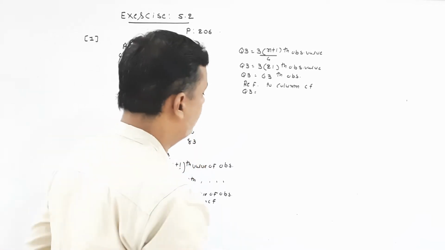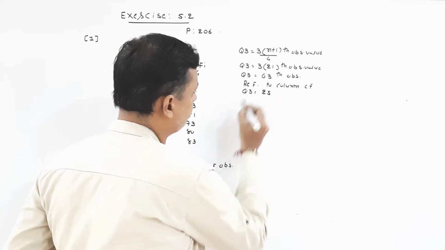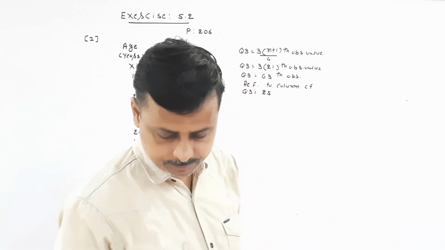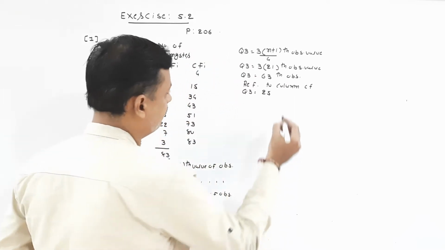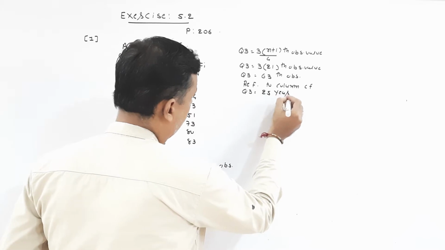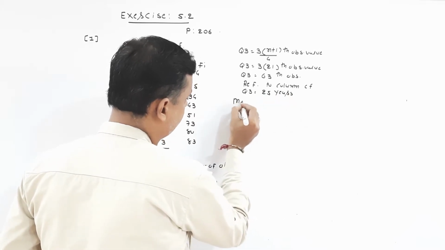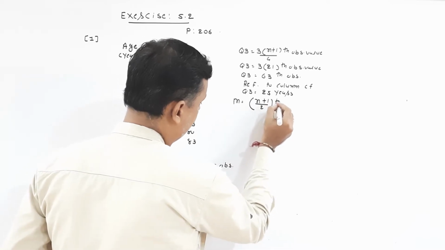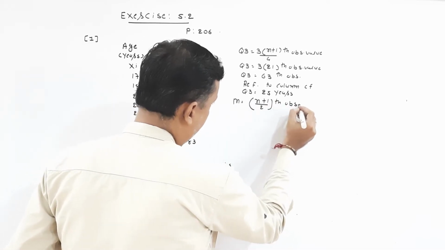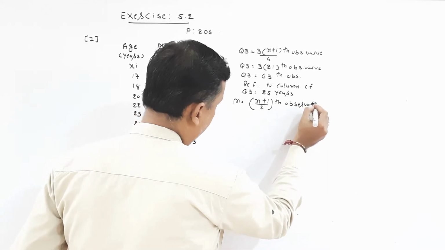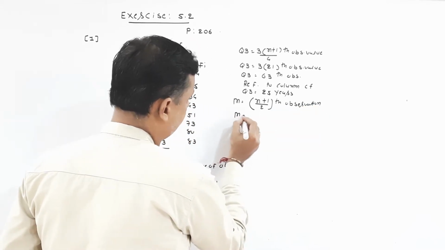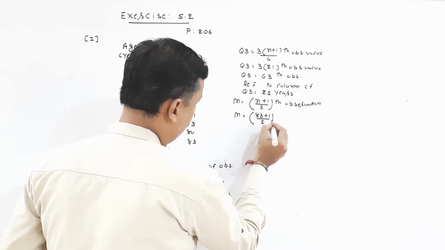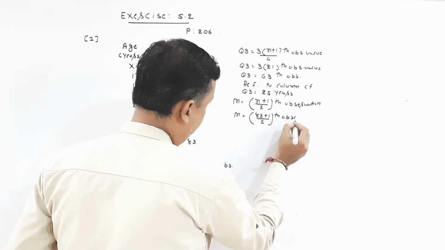So that is 25. So Q3 is 25 years. Now the median is equal to the (n plus 1) by 2th observation. 83 plus 1 upon 2 observation.